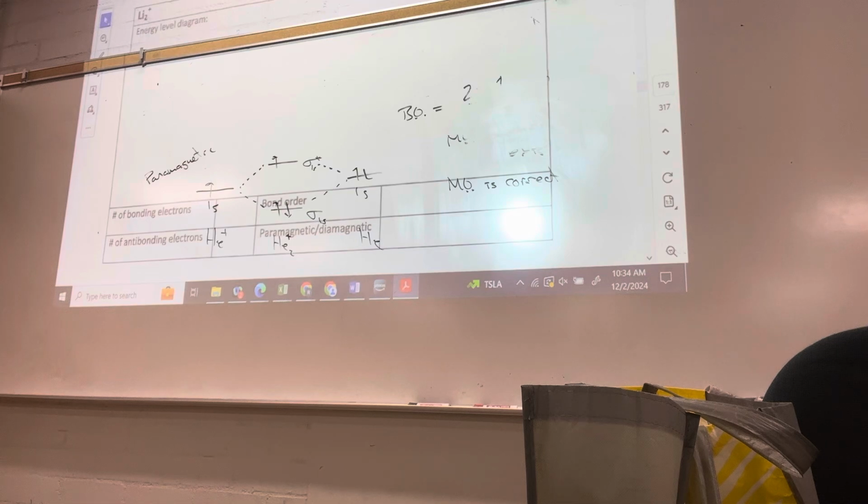What happens here is that the 2s are like the 1s, so we'll have a 2s combined to make a sigma 2s. A sigma 2s is just a large version of the sigma 1s, except we're going to have a node in here, internal.